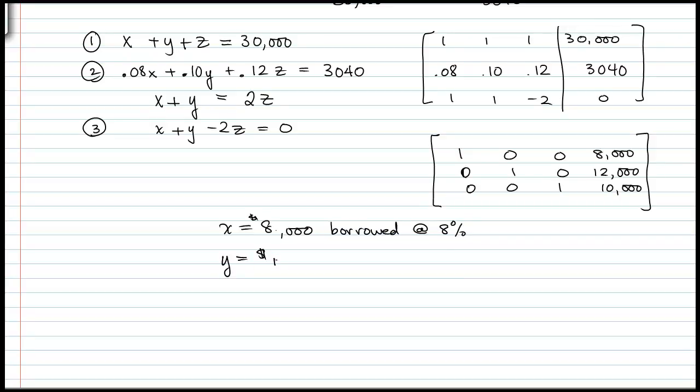Y is equal to $12,000 borrowed at 10%. And Z is equal to $10,000 borrowed at 12%.